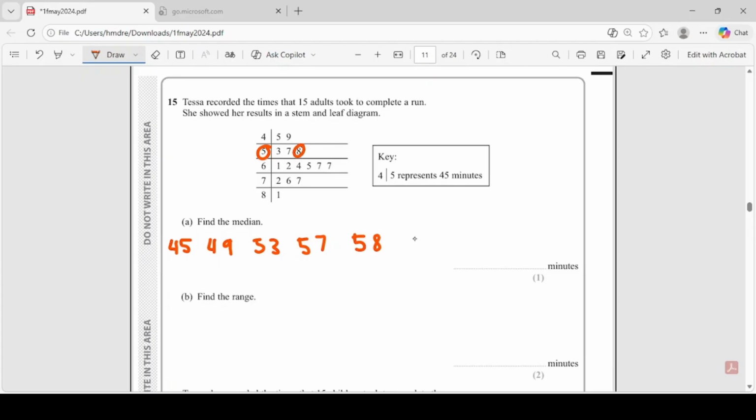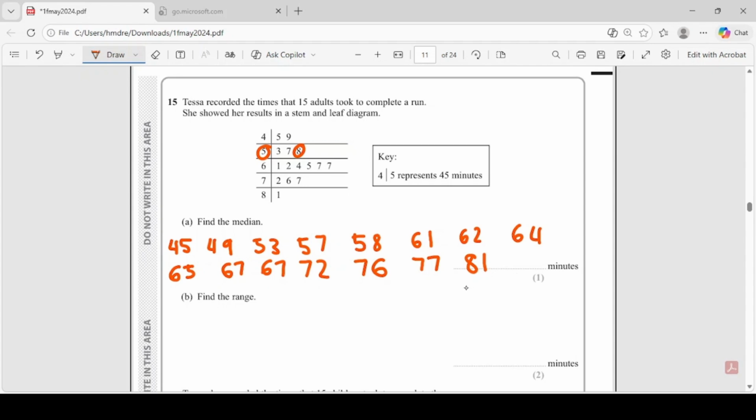And all the 60s, 61, 62, 64, 65, 67, 67, and all the 70s, 72, 76, 77, and 81.